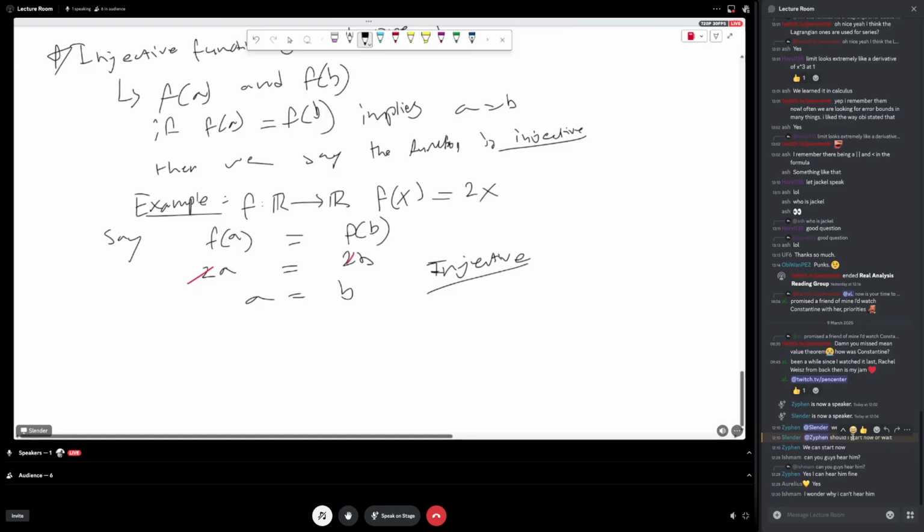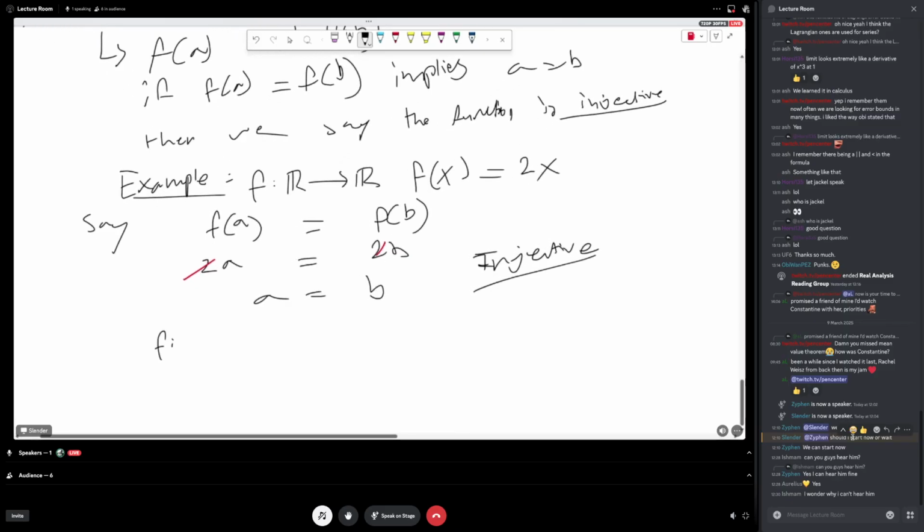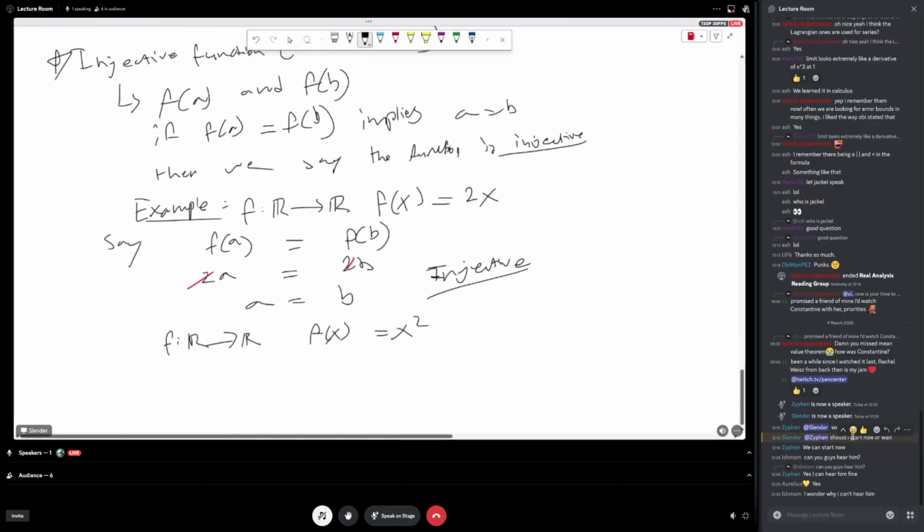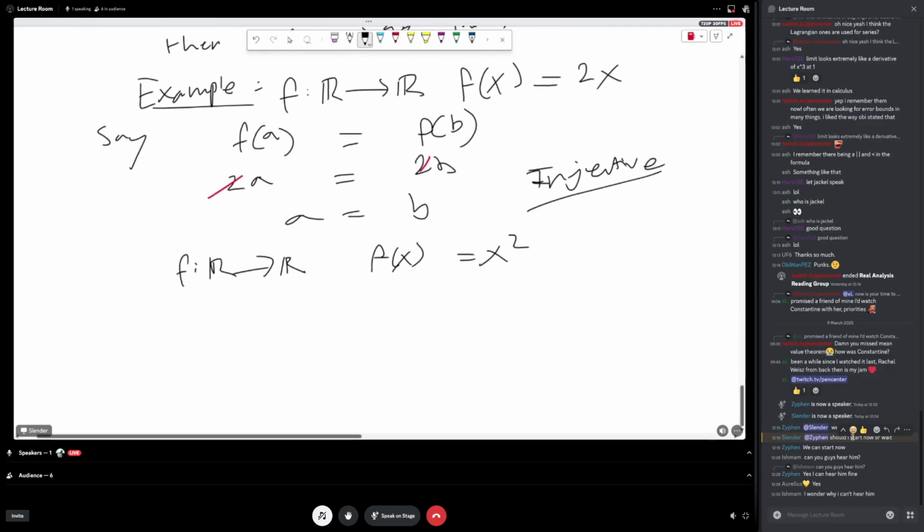However, this function, f of x equals x squared, is not injective, because we can consider a counter example here.